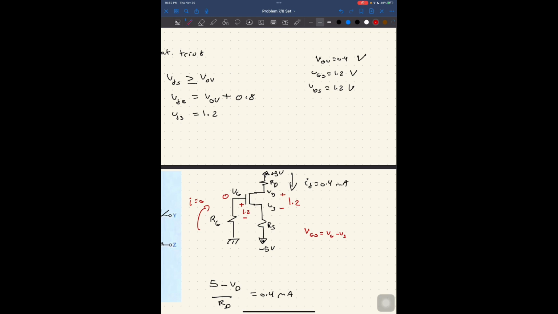If no current flows, then this is 0 as well. For no current to flow, the voltage at this point and the voltage at this point have to be the same. No current flows because no current goes through the gate. We understand that. It's one of the principles of the transistors. Implying that VG is 0, so VGS is equal to minus VS. And VGS is equal to 1.2 is equal to negative VS, so VS is equal to minus 1.2 volts.